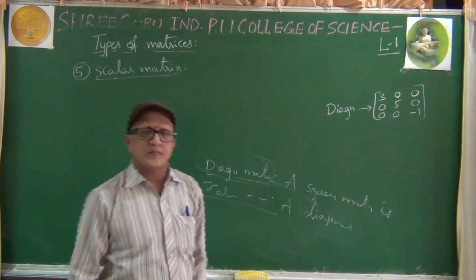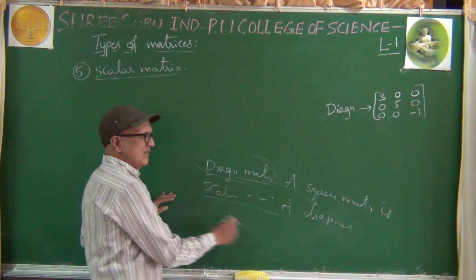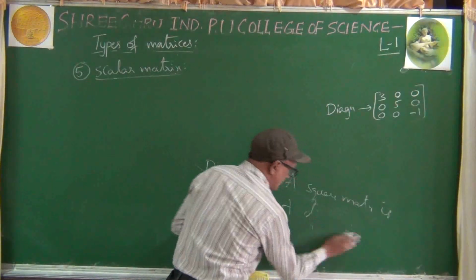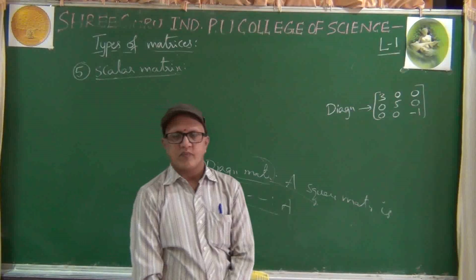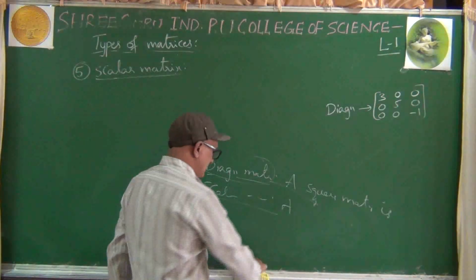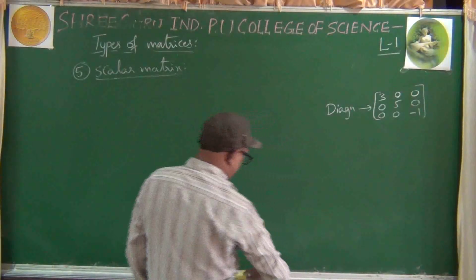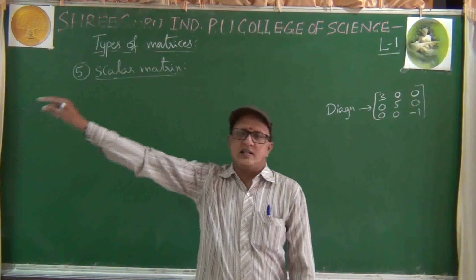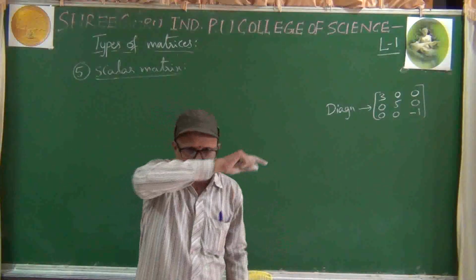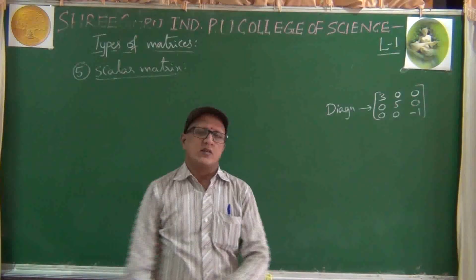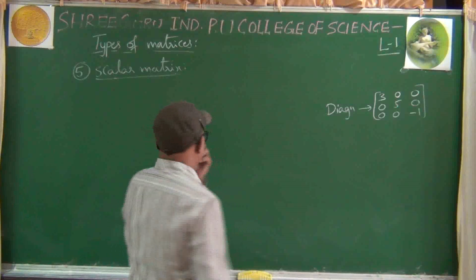A bit of confusion. So to avoid that confusion, I start this definition also with the same words, A square matrix is. Easy to learn. No need to confuse. Diagonal matrix definition: a square matrix is. Scalar matrix definition: a square matrix is something, something, something. Like that. For learning purposes it will be easy, right?